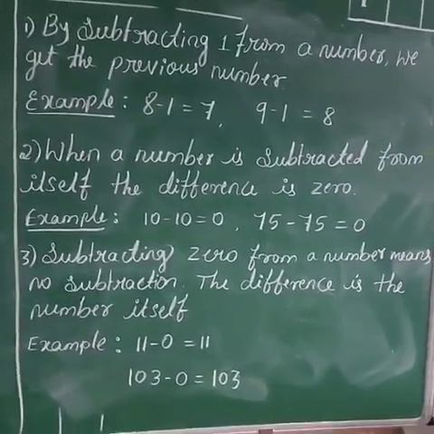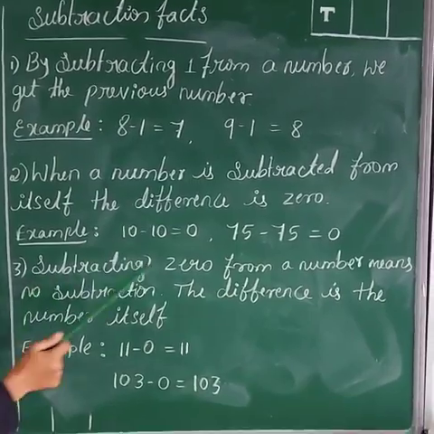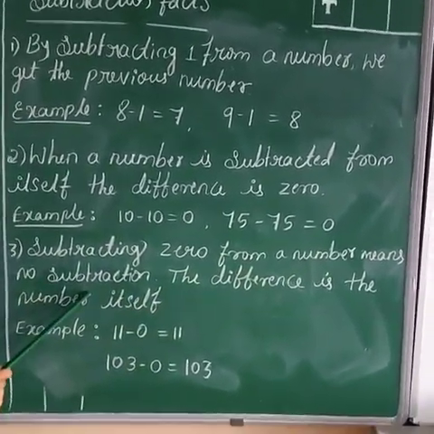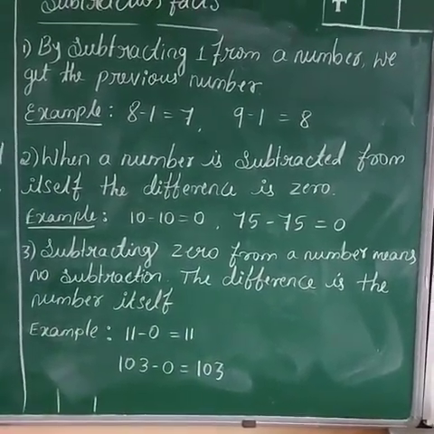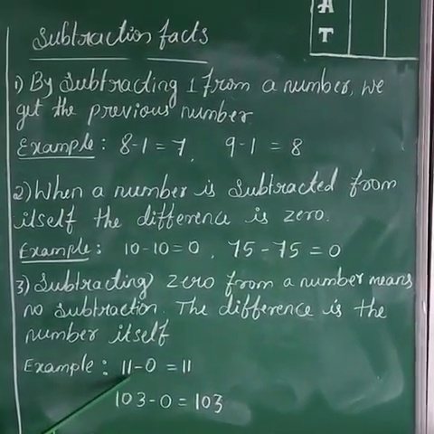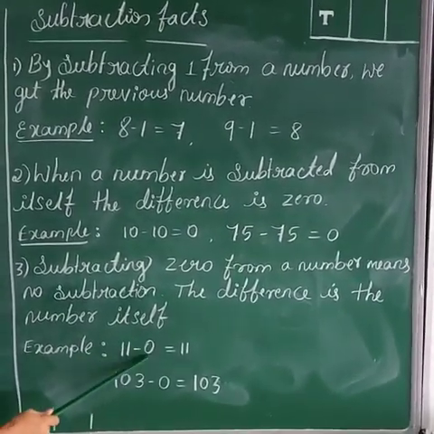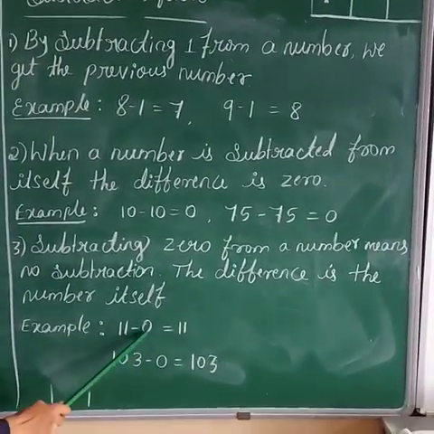The third fact of subtraction is, subtracting 0 from a number means no subtraction. The difference is the number itself. When you subtract 0 from a number, you will get the same number back. 0 means nothing.